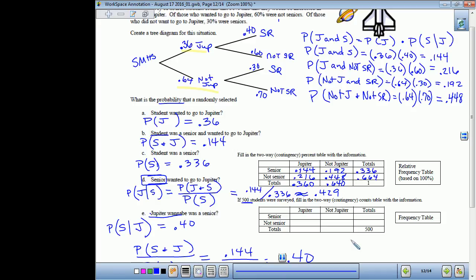If we multiplied this number by 1,000, wouldn't that get rid of my decimals? Yep. So if we take these numbers, multiply by 1,000 and half, it's the same thing as multiplying by 500.